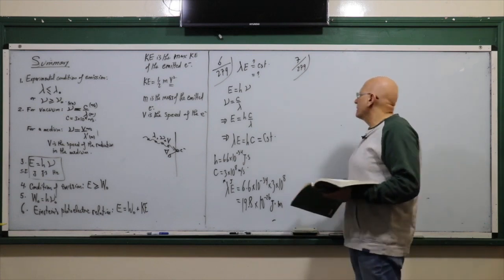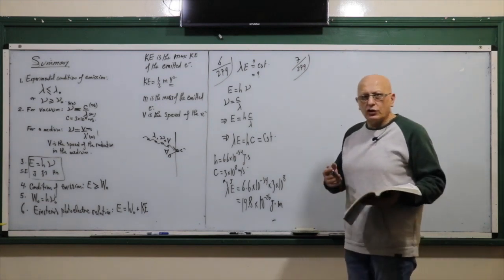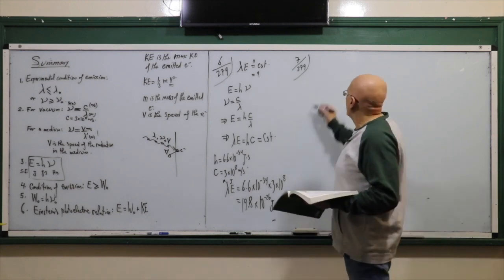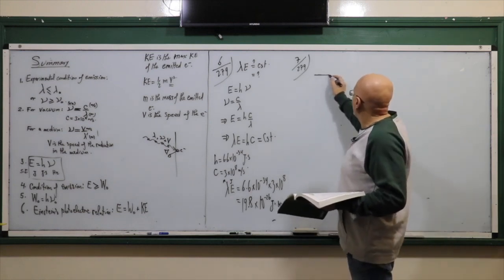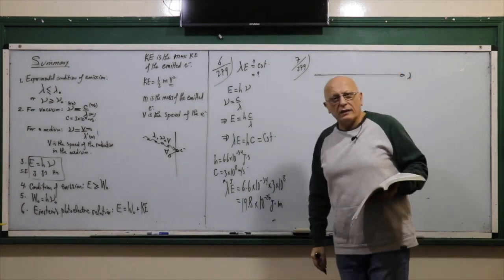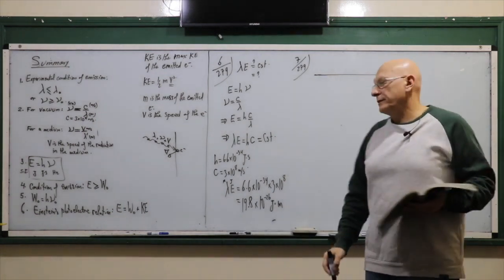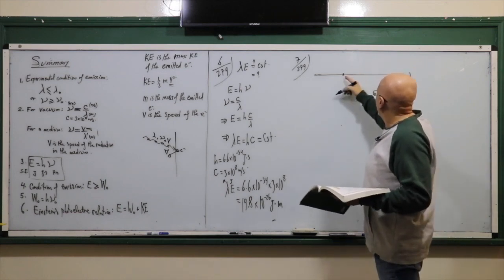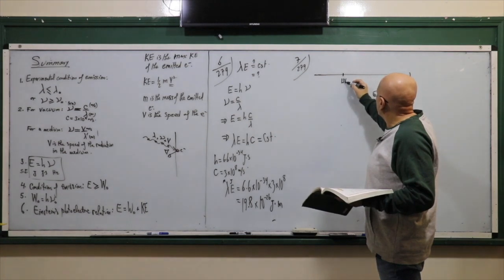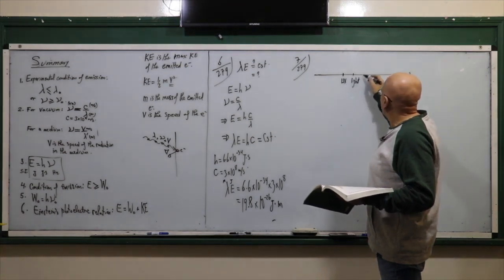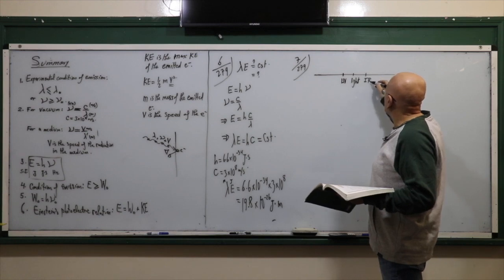Let's look at the energy of infrared and the energy of ultraviolet. As you see in the spectrum of light, we have ultraviolet, this is the visible light, and here this is the infrared.